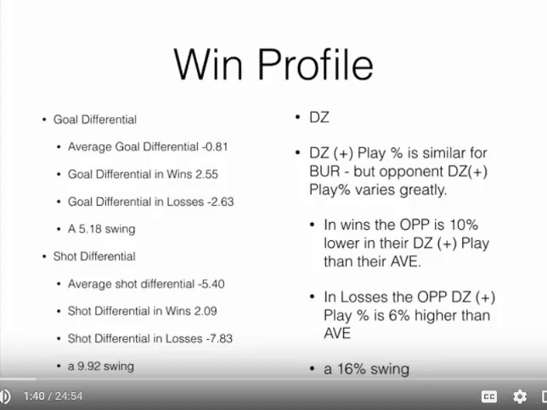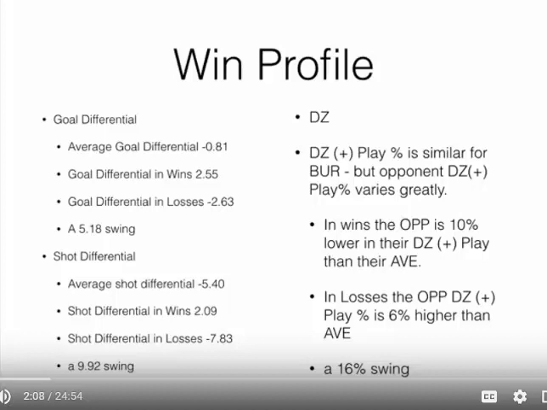Now we look at the D zone. D zone positive play for Burlington is similar, but the opponent D zone positive play varies greatly. So when we were going through the positive play, whether they win or lose or tie, that positive play in the D zone seemed pretty similar. But with the opponent's D zone positive play, there's a lot of variation.